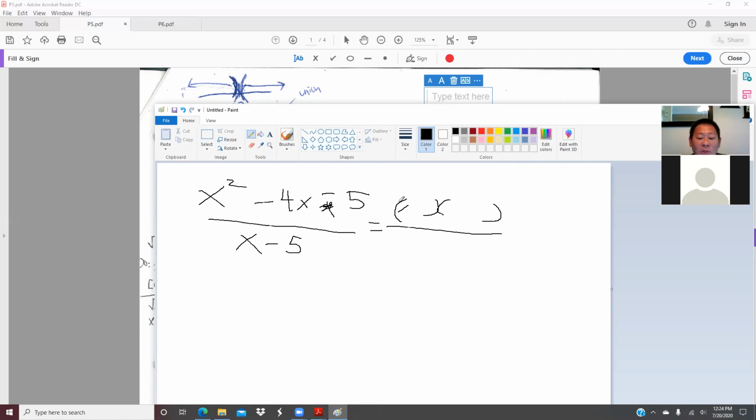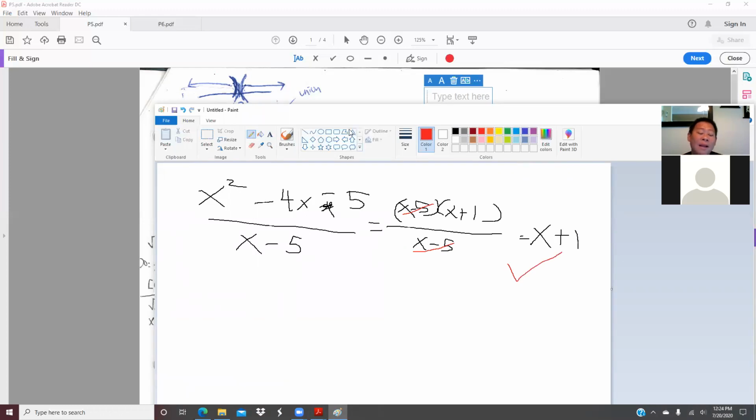It can be changed to become x minus 5 times x plus 1. This is the factorization of x squared minus 4x minus 5. And then the denominator is x minus 5, which we cannot factor. Now you can cancel the common factor and you will get x plus 1. This is the correct way to do it. This is the full point here.